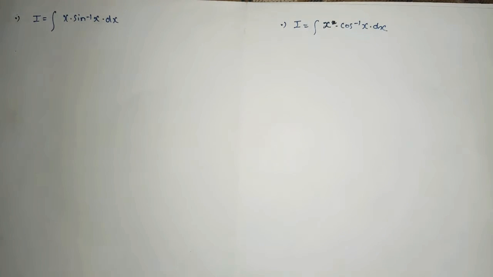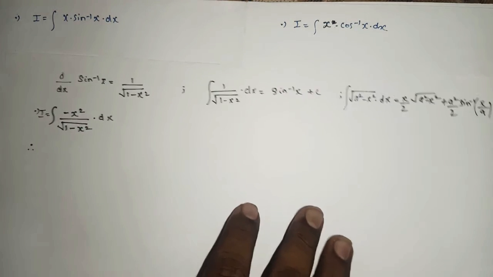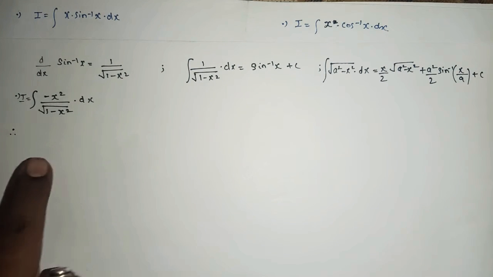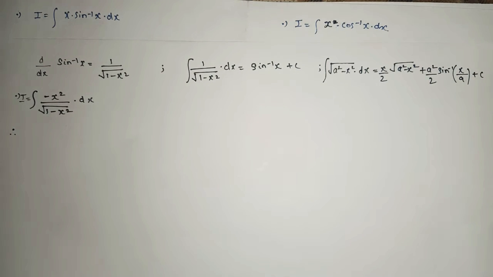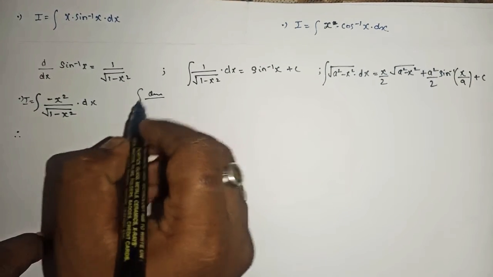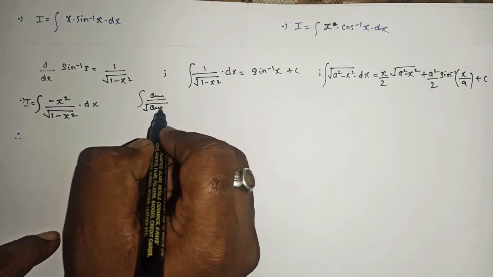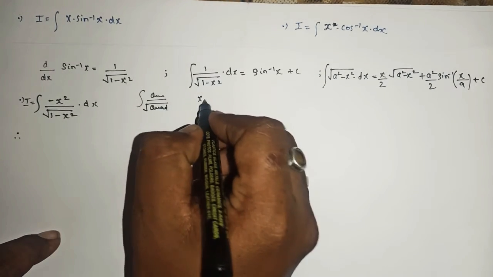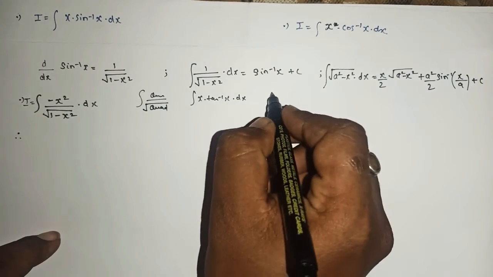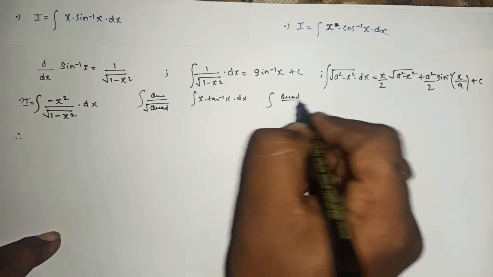Before dealing with this, we'll see a small concept. Here it is quadratic upon root quadratic, whereas in x into tan inverse it was quadratic upon quadratic.